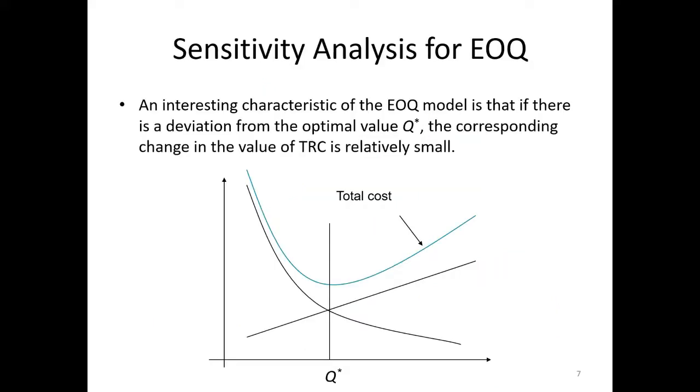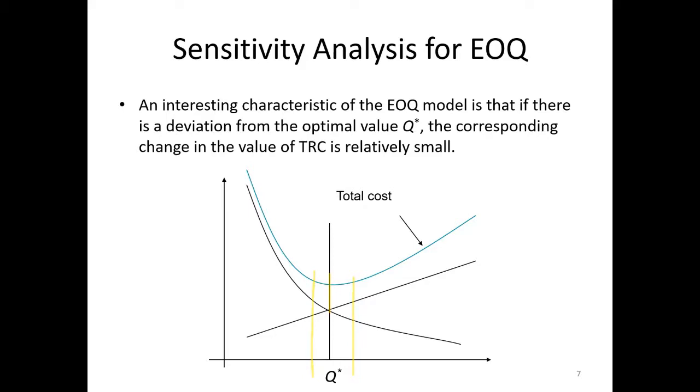Now, a very important characteristic of the EOQ model is that the total cost function is not that sensitive to the value of Q. What do we mean by that? If you calculate the value of Q star and substitute it in the total relevant cost function, you will get, of course, the minimum total cost value. But if you decide to have a value that's, for instance, 20% larger than Q star or even 10% lower than Q star, you will get a very minor difference in the value of the total relevant cost.